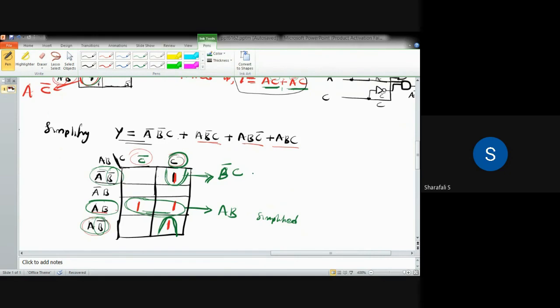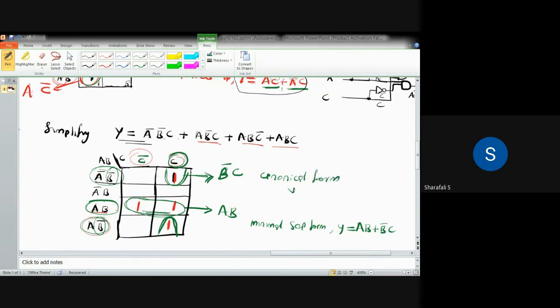Or you can also say the minimal SOP form. Y equal to AB plus B bar C. What is the canonical form? Okay.